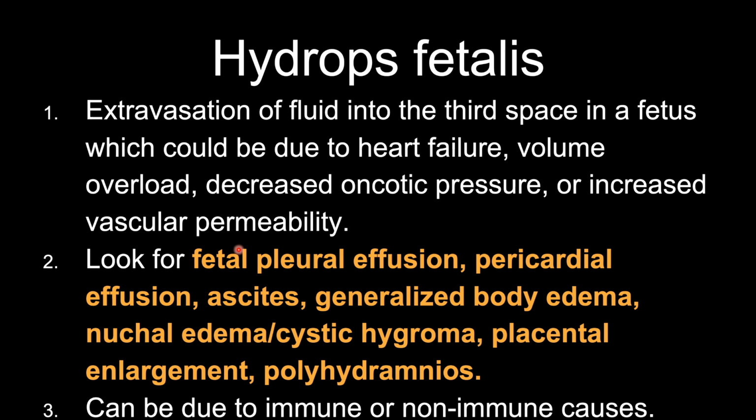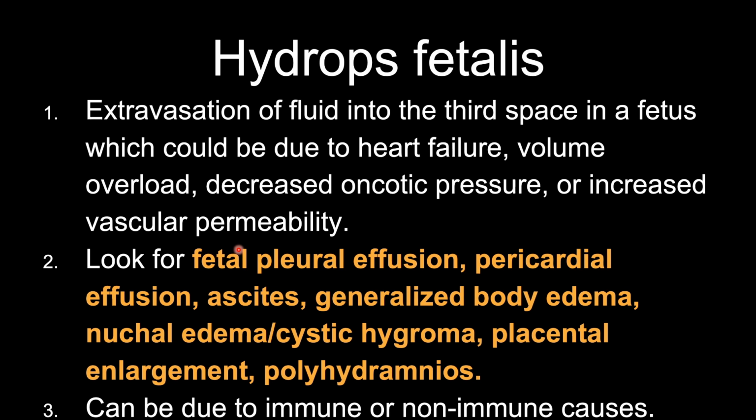What happens is that there's extravasation of fluid into the third space, which could be due to multiple reasons, including heart failure, volume overload, decreased oncotic pressure, or increased vascular permeability. The signs of hydrops fetalis include fetal pleural effusion, pericardial effusion, ascites or generalized body edema.